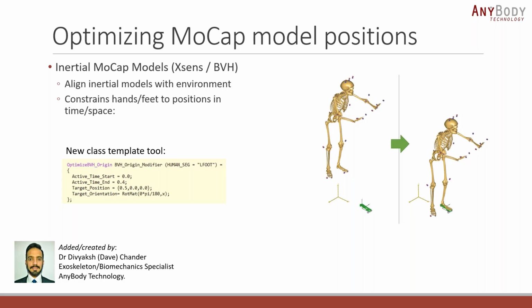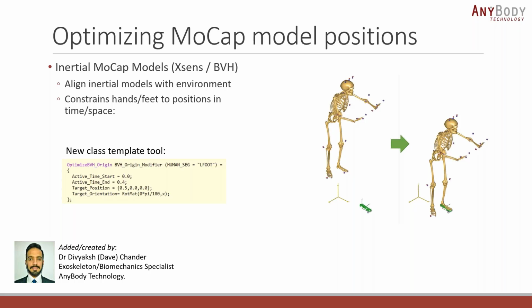So if your model needs to interact with the environment, you might have some sort of offset between the data from your MoCap suit and some fixed positions in your lab coordinates.